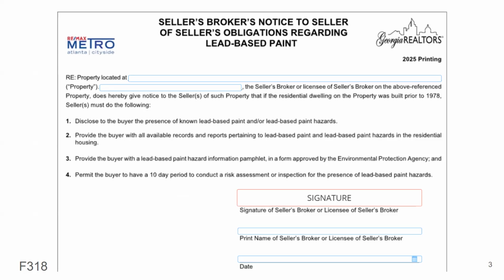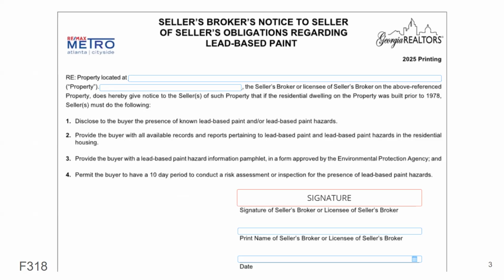Even though you're going to have them fill out a lead-based paint exhibit and you're going to give them the information packet, right? But you need to sign this and give it to them, showing that you have fulfilled the obligation of notifying them of their responsibilities. Make sense? It seems redundant.